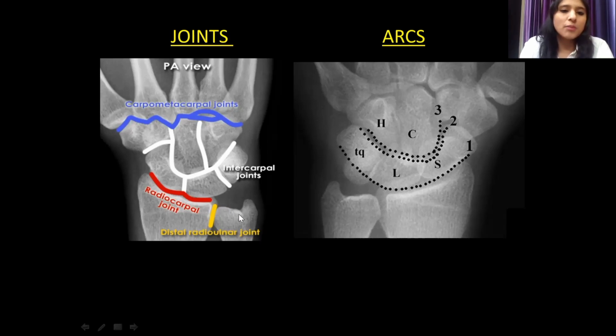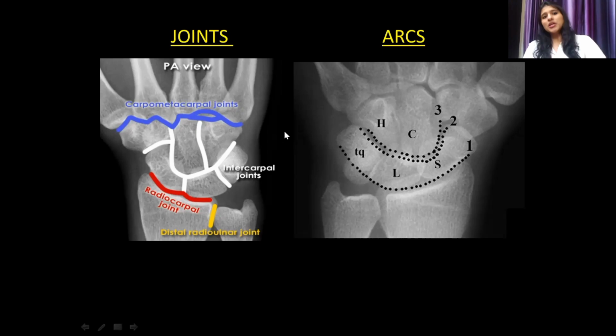Then the next set of joints which we assess is the intercarpal joints formed between various carpal bones, and then the carpometacarpal joints which are formed between the distal carpal row and the metacarpal bases.